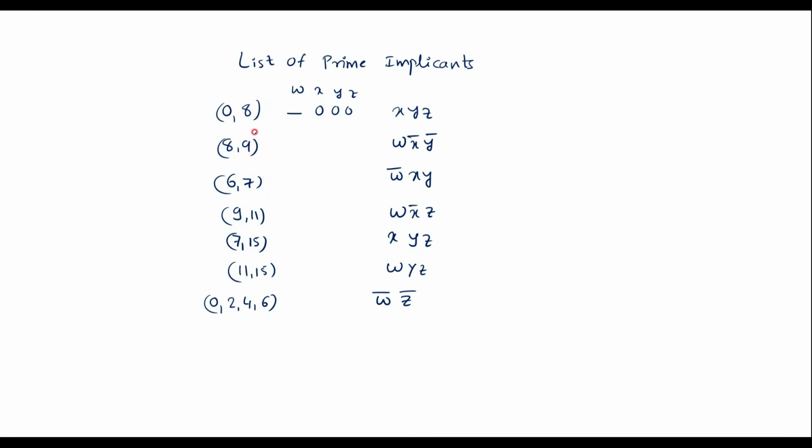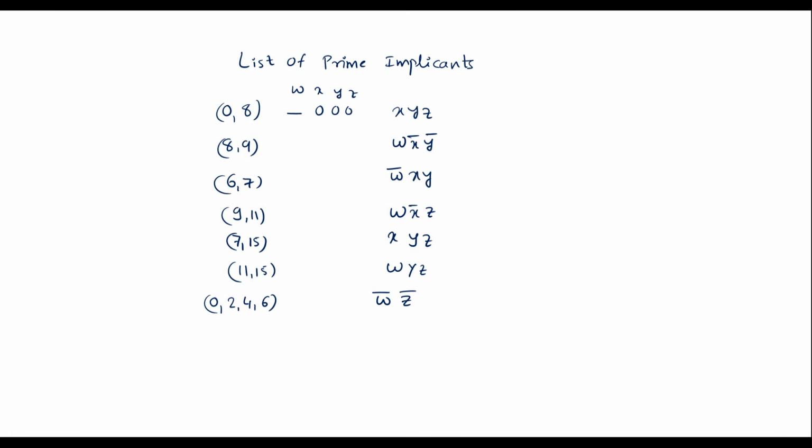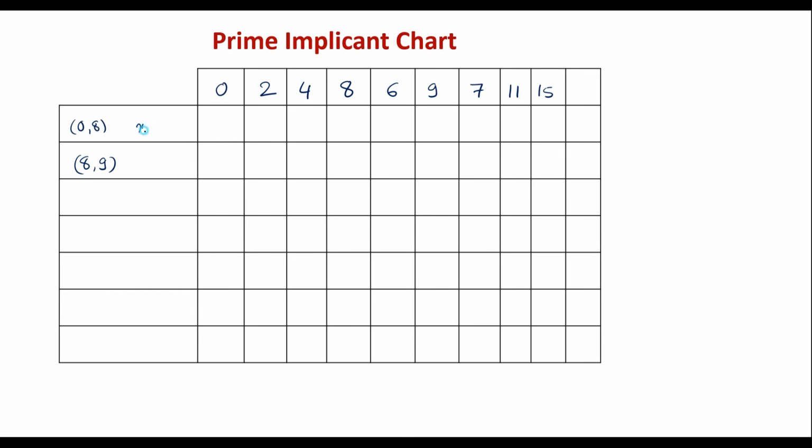That is 0, 8 and 8, 9. 0, 8 is x bar y bar z bar. 8, 9 is w x bar y bar.